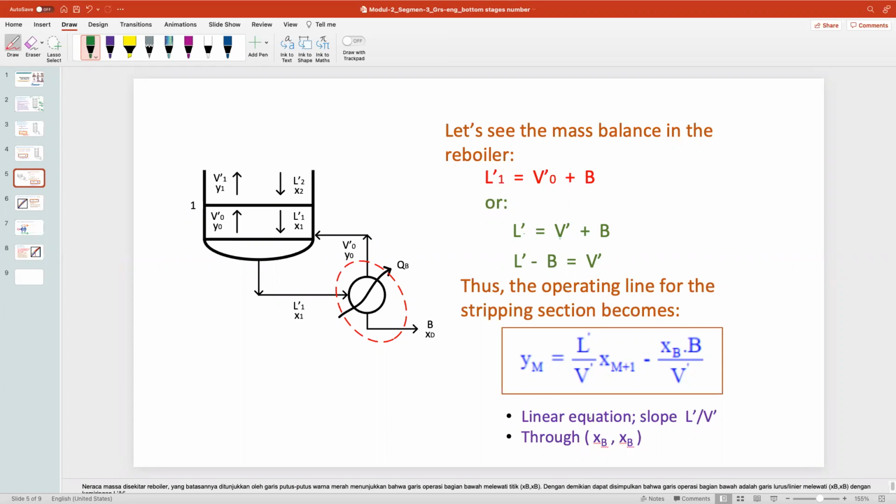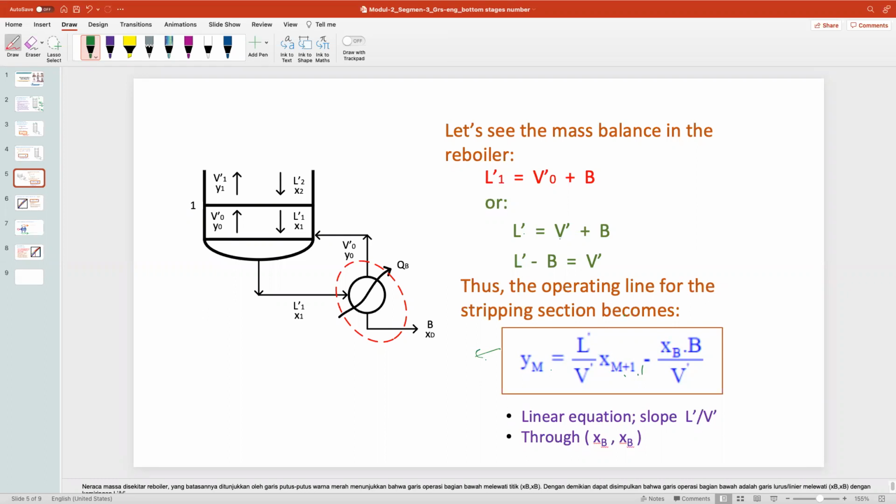This is the operating line of the stripping section. It is also a linear equation, and it goes through the point x_B, x_B. So if we calculate x_M with x_B, the L_M will also become x_B.